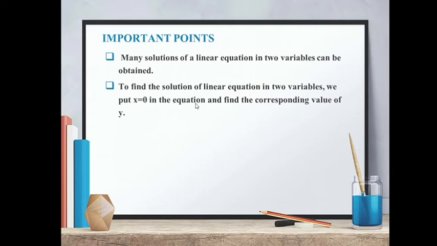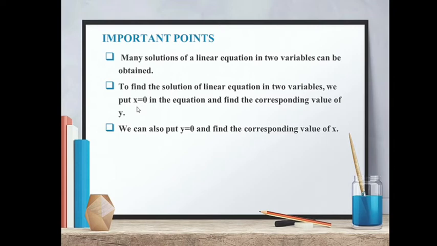Not only do we put 0 as x, we can put 1, 2, 3, and negative numbers also, like -1, -2, -3 in place of x. These are the numbers we have to assume. We can also put y equals 0 and find the corresponding value of x.